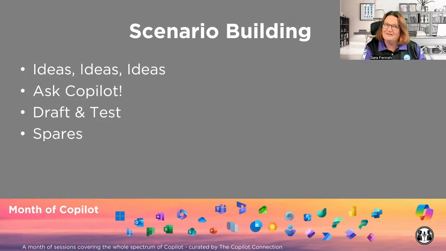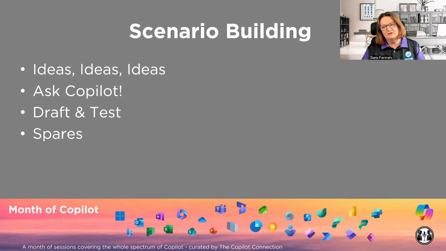Thankfully, we do have tools to help us with creating content. After all, isn't that what generative AI started out as? A content generator. So ask Copilot for ideas. At the moment, I'm using the Microsoft Copilot for my ideas and for drafting a lot of my dummy content.